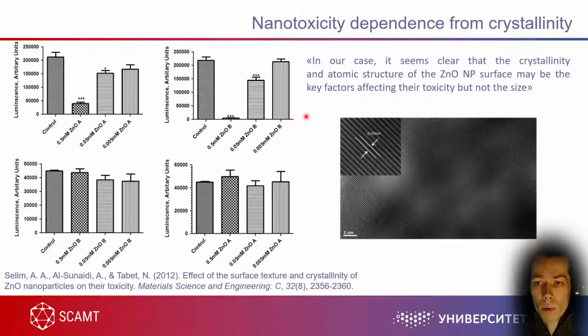So if we look, for example, at this paper, there are a lot of zinc oxide particles with different structure, and you definitely can see that this zinc oxide particle has some crystal structure because it's diffraction on a transmission electron microscope, and you can see the crystal lattice here. And based on different crystal structure of the same zinc oxide particles, you see that zinc oxide, let's say called here A and B, have different toxicity profiles.